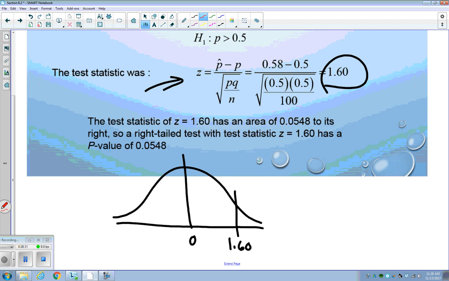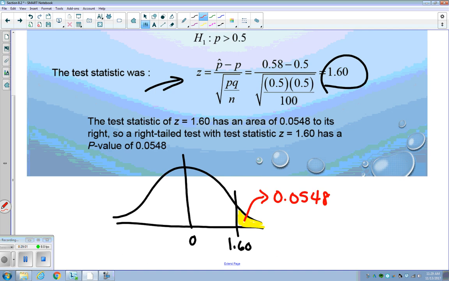When I look it up, the area under the curve in that tail, this area right here, we would find to be 0.0548. That would be my p-value for this particular example.